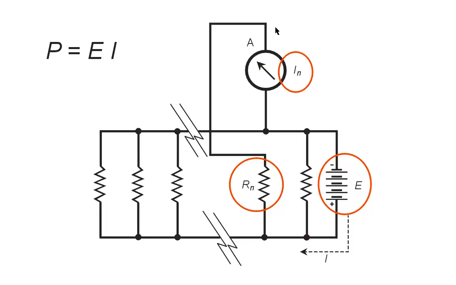Shown in this diagram, we've tapped an ammeter into that particular branch only, so we can say that the power, P sub n, would be the battery voltage E times the current I sub n, and that would be true for each and every one of these resistors, where n in this circuit diagram could equal 1 up to 5: R sub 1, R sub 2, R sub 3, R sub 4, R sub 5.